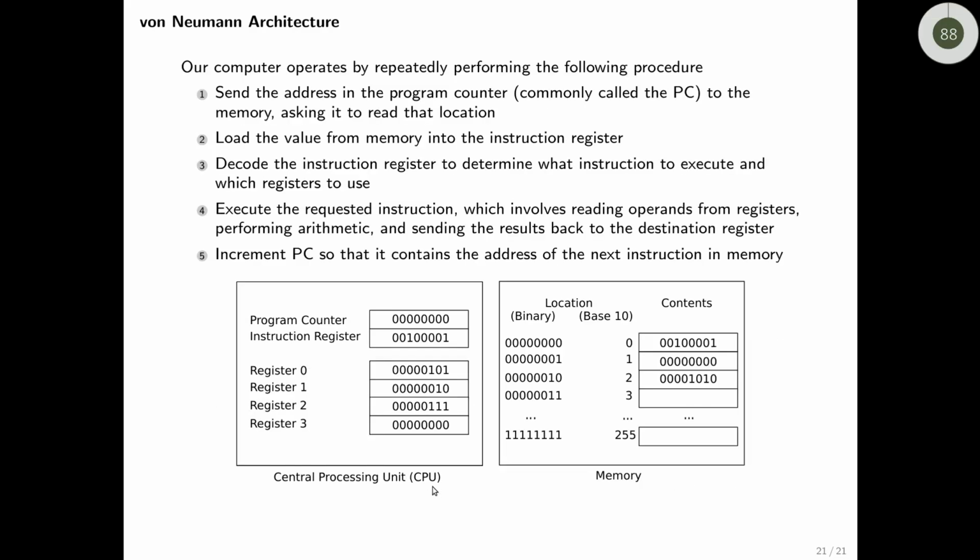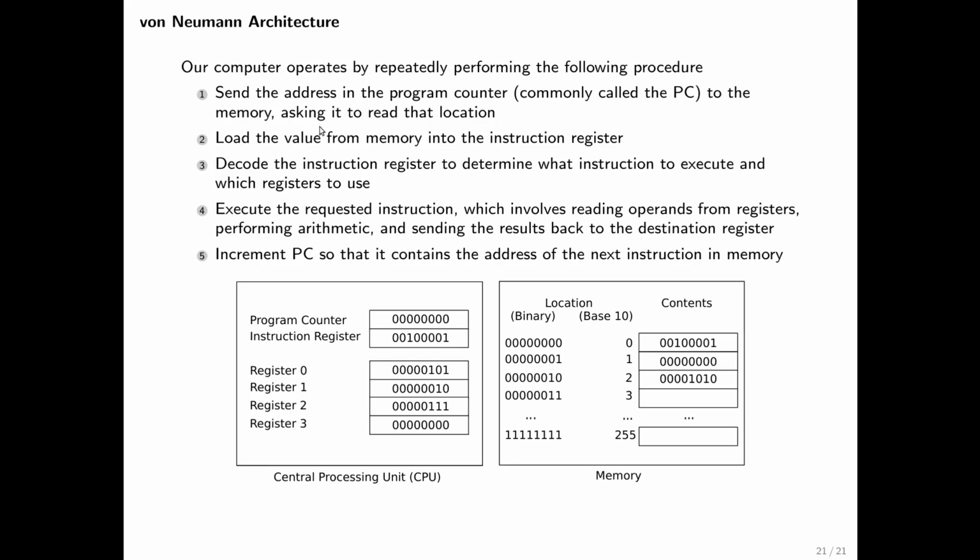Okay, now how does a computer typically execute a program? Well, it works as follows. It sends the address in the program counter to the memory and asks it to read that location. Okay, because remember that the program counter, PC for short, stores the location in memory where it can find the next instruction that needs to be executed.